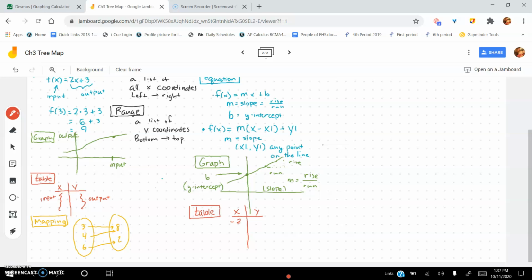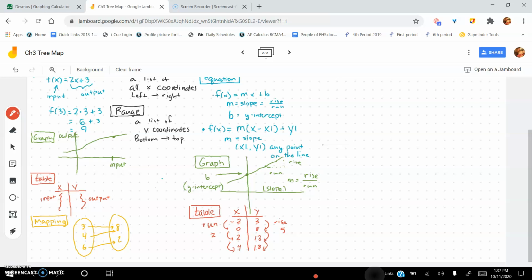So maybe you start at -2, and maybe your y-coordinates start at 3, and you can tell that this table has a run of 2, because the x-coordinates are counting by 2, and it has a rise of 5 because the y-coordinates are counting by 5.